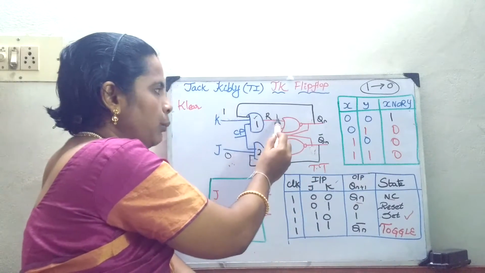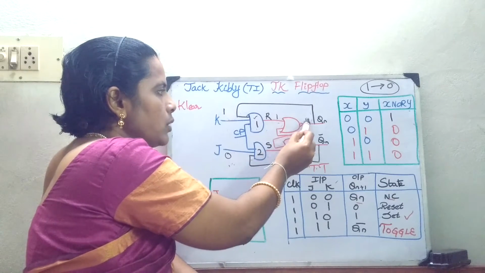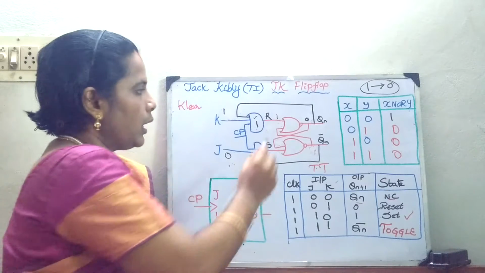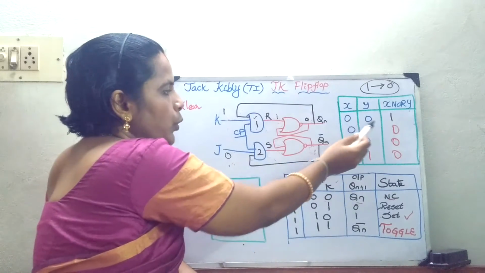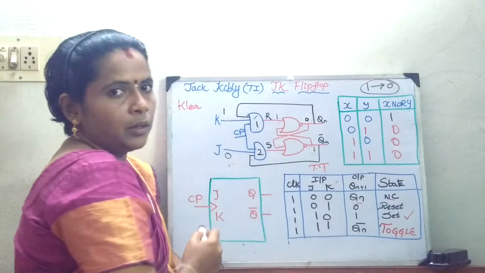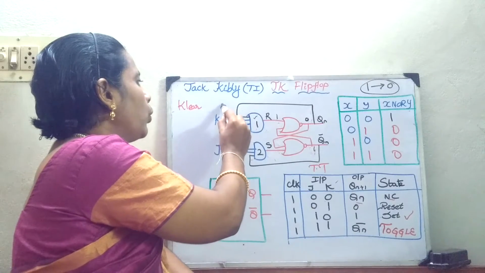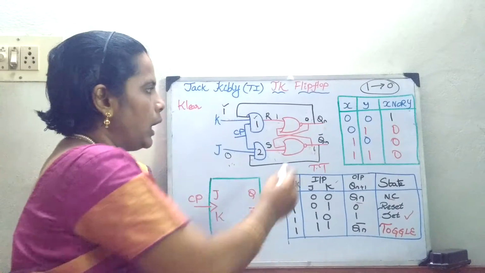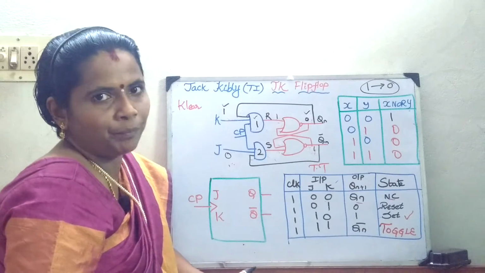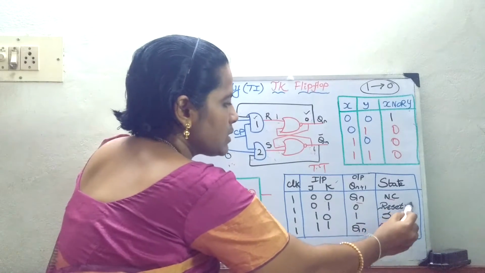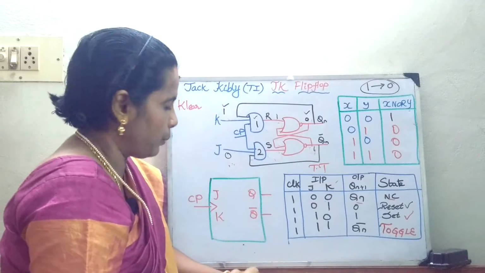Of course, this 0 is going to be fed here, 0 and 0, and the output is going to be 1 here. So what is the inference from this condition? Whenever I give K as 1, it is going to reset my flip-flop. Now this condition is done with. Now we will move on to the set condition.